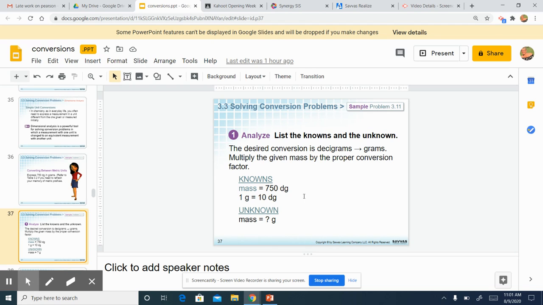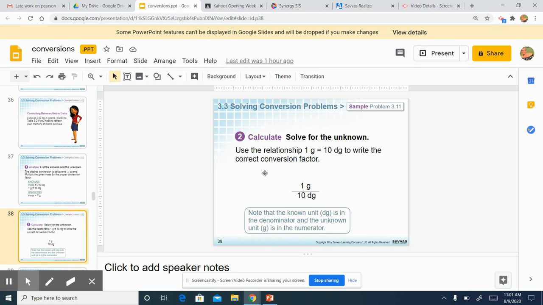So if we start with 750 decigrams, and we know we want to solve for the number of grams, that needs to be our unit for our answer. We're going to multiply this by 1 gram over 10 decigrams. So we're going to use the relationship 1 gram over 10 decigrams.